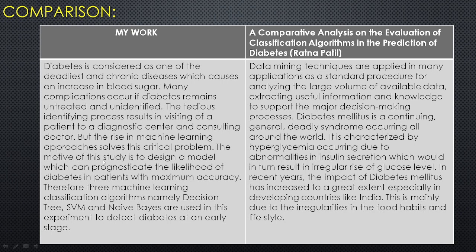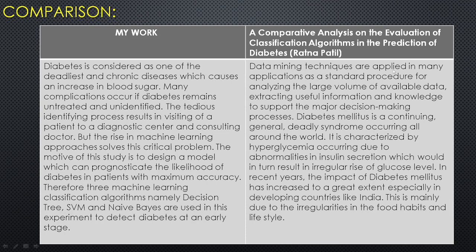The motive of this study is to design a model which can prognosticate the likelihood of diabetes in patients with maximum accuracy. Therefore, three machine learning classification algorithms, namely decision tree, SVM, and Naive Bayes, are used in this experiment to detect diabetes at an early stage, along with a comparative analysis on the evaluation of classification algorithms in the prediction of diabetes.